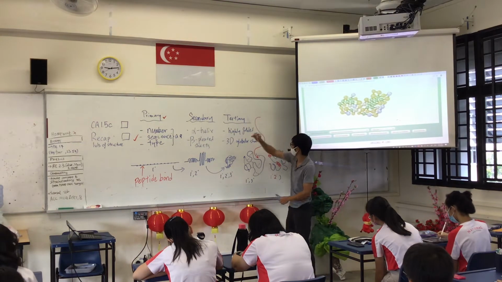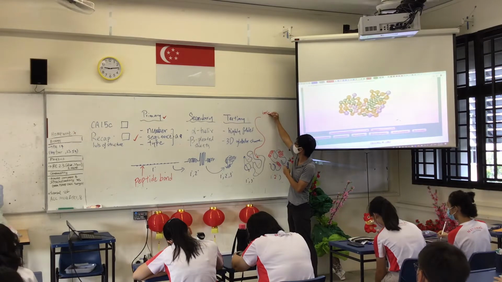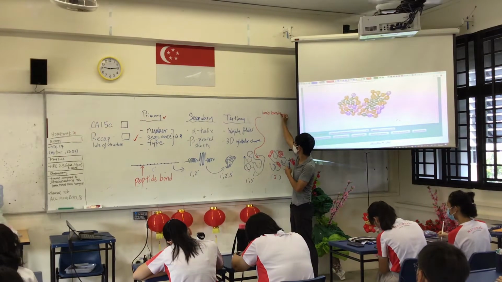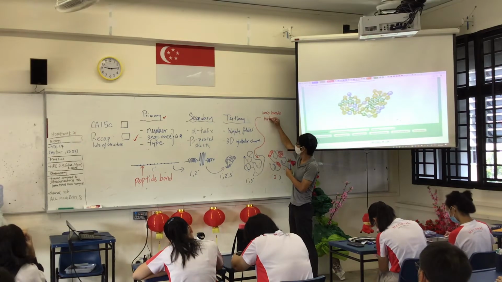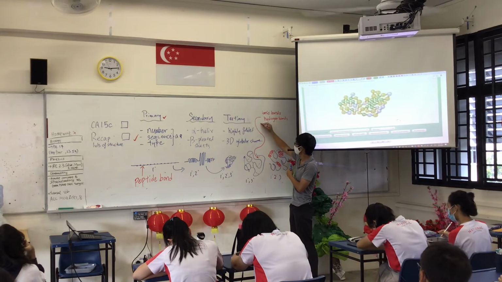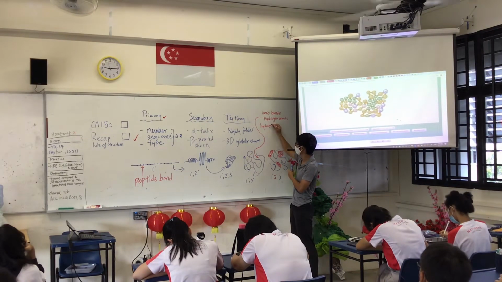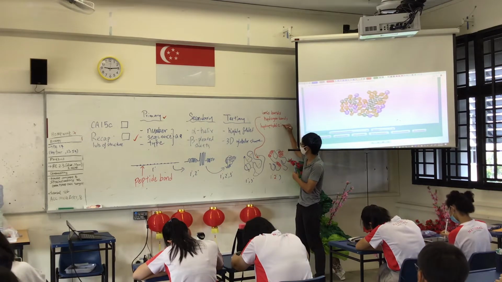The kinds of bonds you can look at are, number one, ionic bonds. Number two, hydrogen bonds. Number three, hydrophobic interactions.